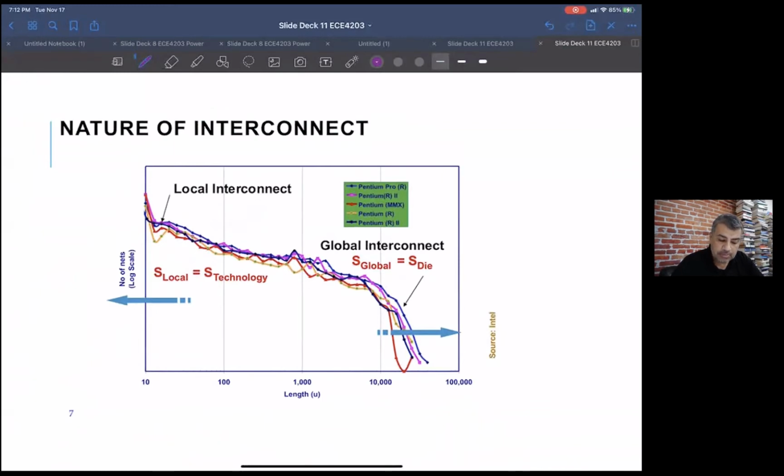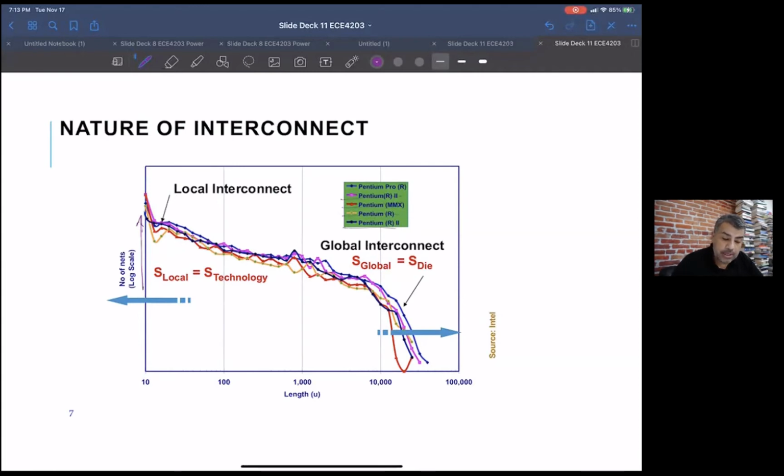So this plot is supposed to give you an idea about how wires are distributed in terms of length. So horizontal axis is length, vertical axis is the number of nets. So it's a histogram essentially. This is many generations of older processors, but I think this still holds, these old Intel processors.